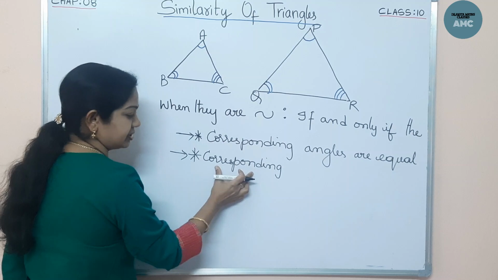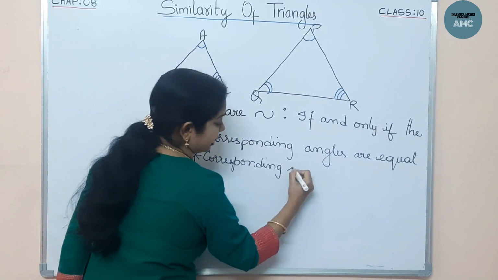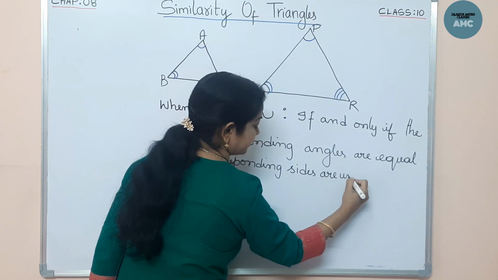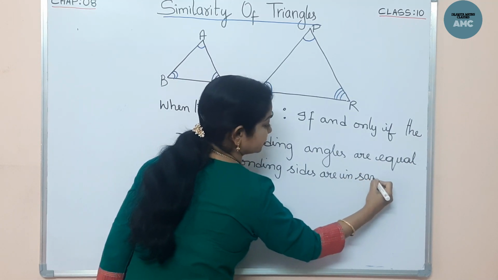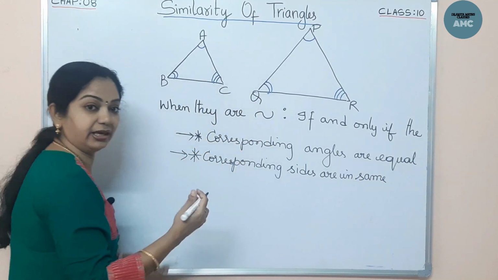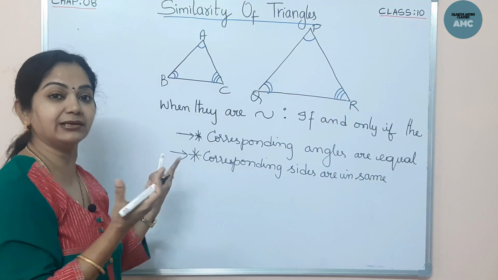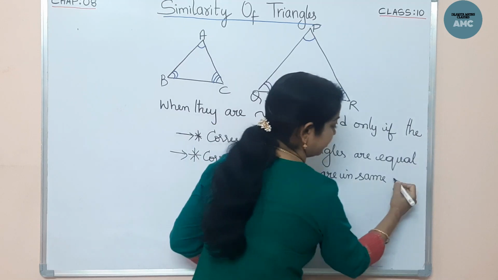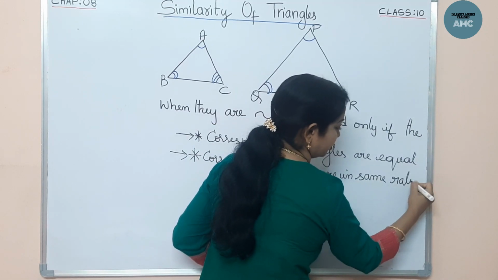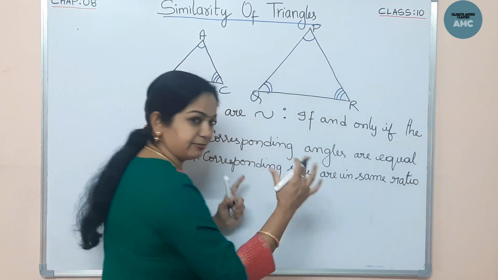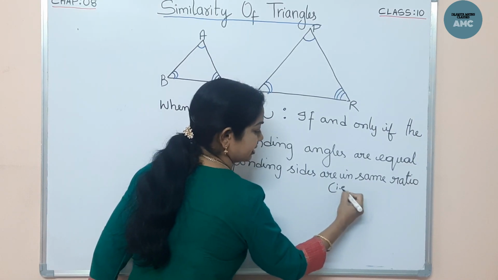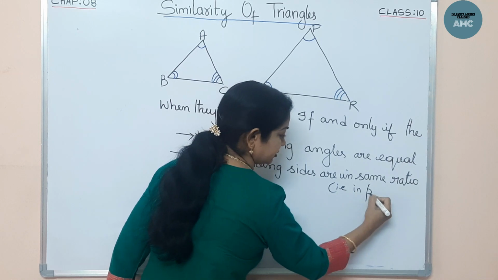But the condition is that the corresponding sides are in the same ratio. I am not telling it as equal. If I tell it as equal, it becomes congruency. Right? I am telling it as in the same ratio. Now, what do you mean by the same ratio? Same ratio means in proportion.